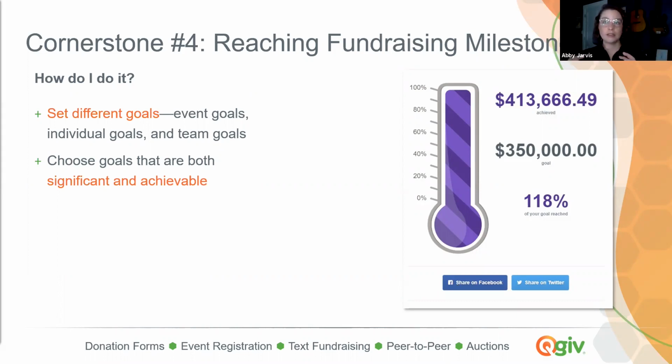If you are encouraging team fundraising, which can be really fun, try setting a fundraising goal for your teams. And the secret here is choosing goals that are both significant but also achievable. You want people to feel like they have to work to reach that goal, but it needs to feel like it is within reach.